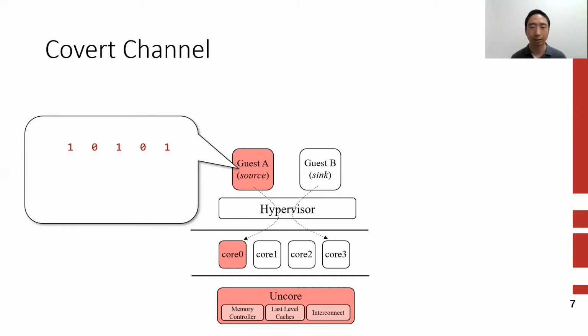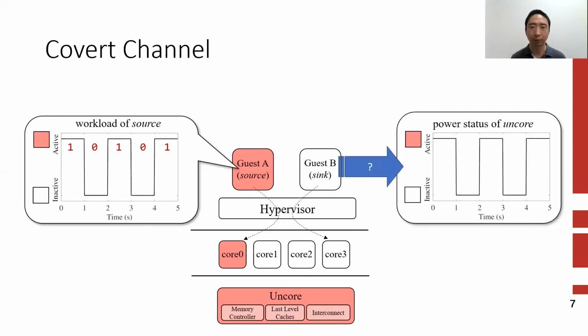The source process in guest A wants to send a message to the sink process in guest B. Even though they cannot talk to each other directly and may be assigned to different physical cores, the source can encode information into its workload pattern, which will stimulate the Uncore shared with the sink process. If the sink process is able to probe the activity of the Uncore, then it can receive the encoded information.